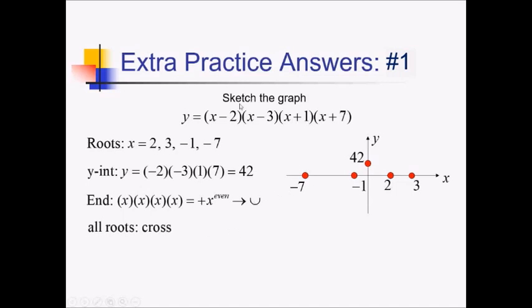If those had been doubles, then we would have bounced. If those had been triple powers, we would have flattened. Since they're all single powers, we cross. So starting above the x-axis, we cross through -7, come down here, cross through -1, go through the y-intercept, cross through 2, come back, cross through 3, and we end up above the x-axis just like the end behavior says we should.